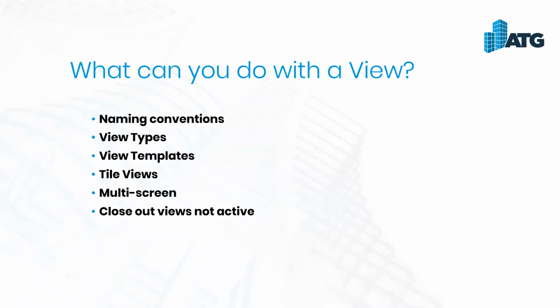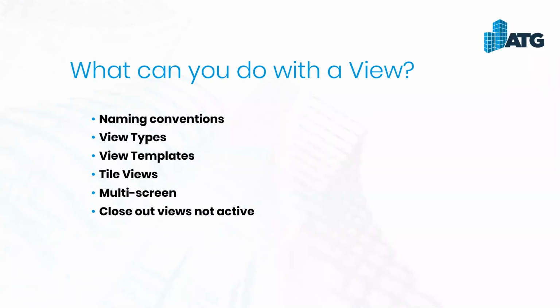A few things to consider when coming up with a naming convention for your company are phases, view type, like a floor plan, RCP, elevation, and the intended use. What I mean by that is, is it a lighting plan?